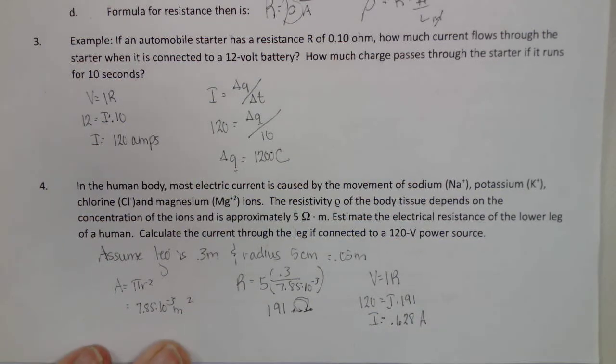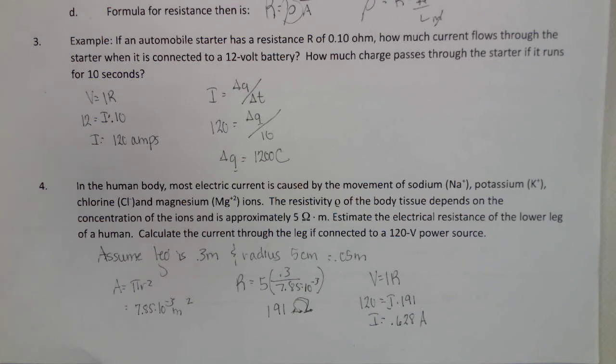And you know, that doesn't sound like a whole lot. Doesn't sound like a big deal at all, but unfortunately, that much current could be lethal. It's actually about 6 times greater than lethality in current.